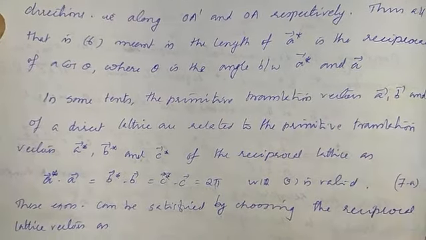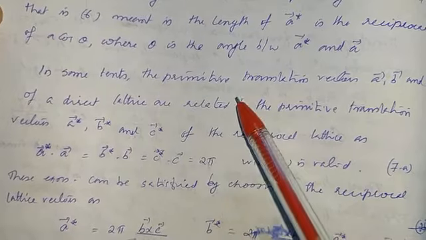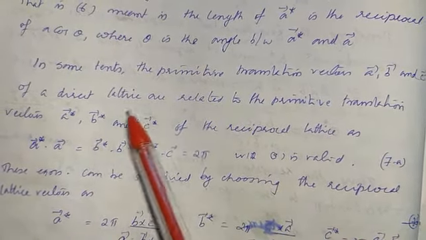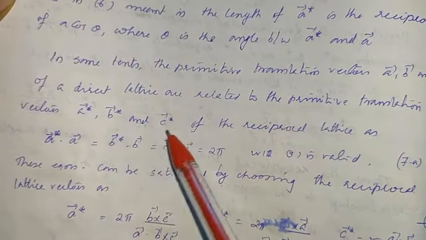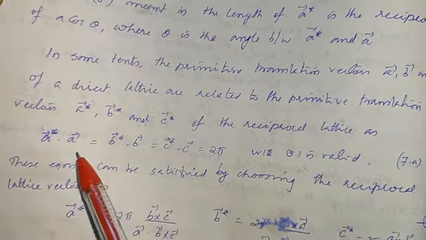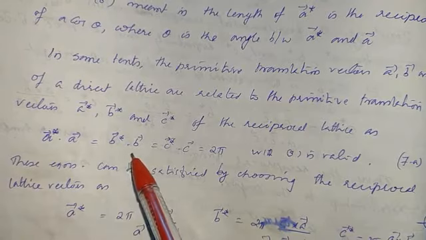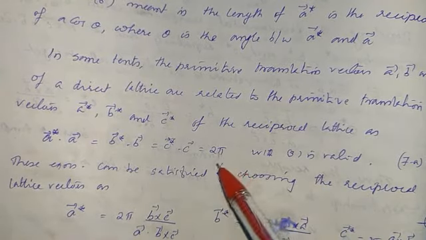In some textbooks, the primitive translation vectors A, B and C of a direct lattice are related to the primitive translation vectors A star, B star, C star of the reciprocal lattice as A dot A star, B dot B star and C dot C star equal to 2 pi instead of 1.